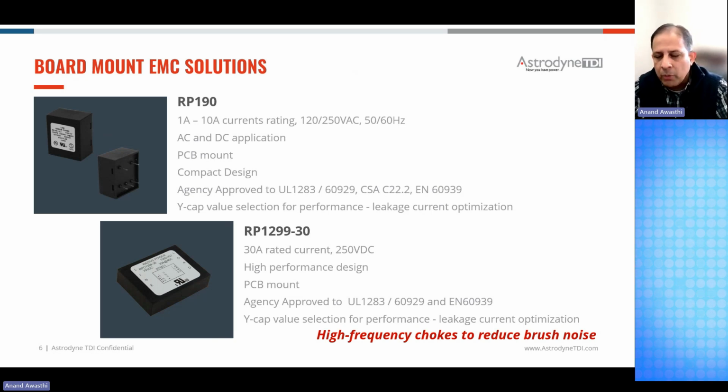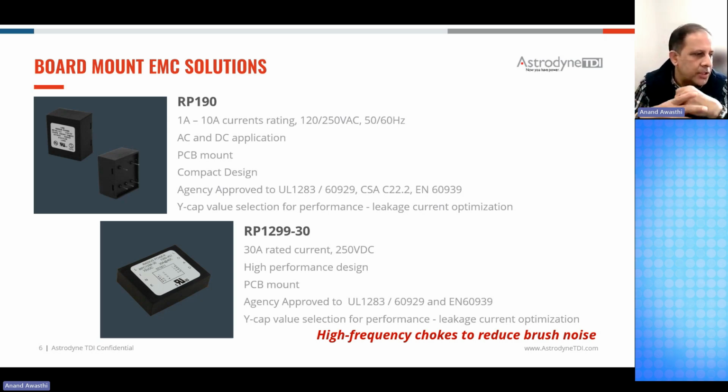So from 75 to 250 volts DC, this product can be used. It's a 30 amp rated board mount filter for DC applications, very extensively used in industrial and telecom sectors. Again, it carries full agency approvals, both UL North American and Canadian, and it also carries the IC certification.